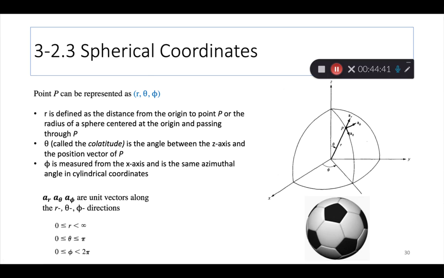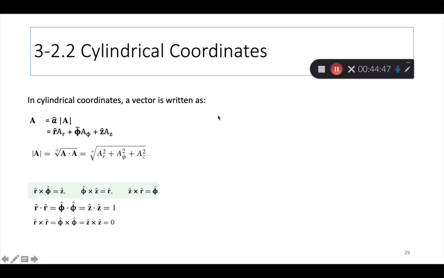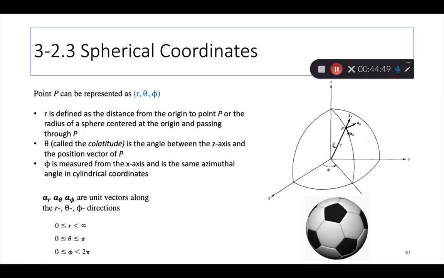which is not the same distance as this, by the way. So be careful. In the spherical, it's different from what we read in the cylindrical. In the spherical, this r is the distance from the origin to the point P. So here's the definition. Then there are two angles, one of them is theta, one of them is phi.